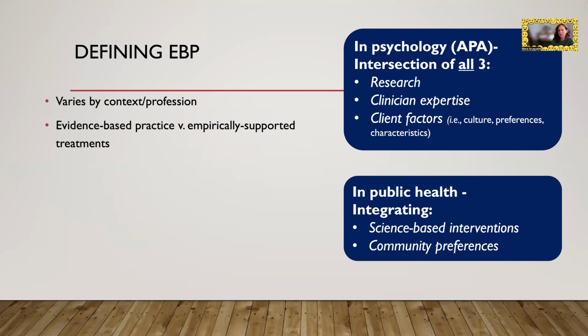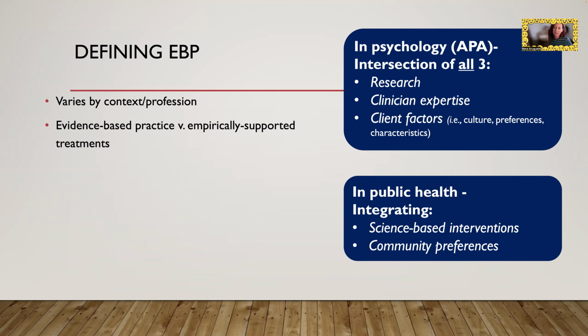But another thing about EBP is that it varies a lot by context and profession. So we have what we call evidence-based practice, and then we have empirically supported treatments. Treatments that work are not necessarily included in evidence-based practice, and here's why.